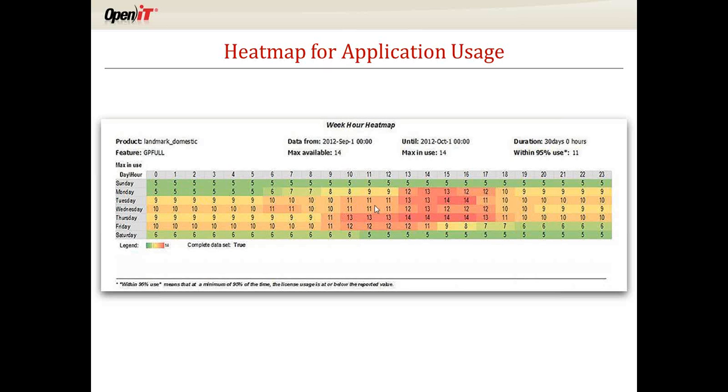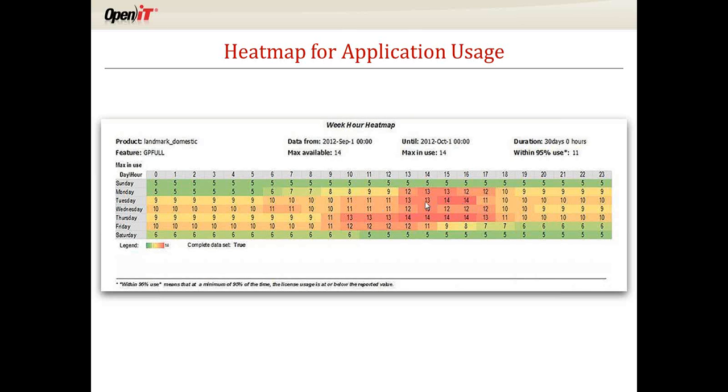In this demo data that we're looking at, we can see that the usage starts increasing and maxes out, because we only have a total available license count of 14 in this example. This is a company that had an office in the UK as well as the US.